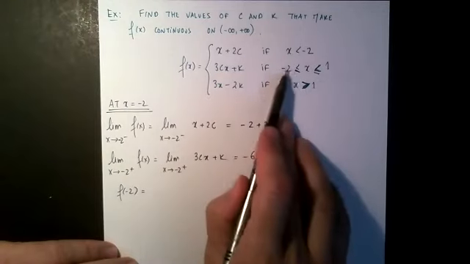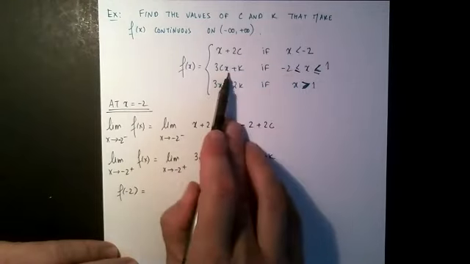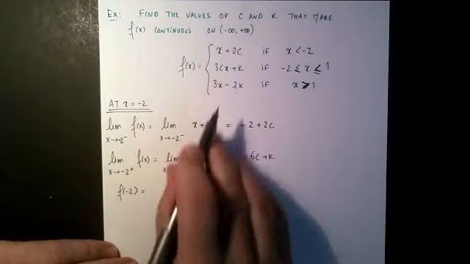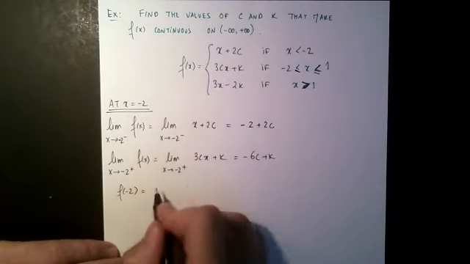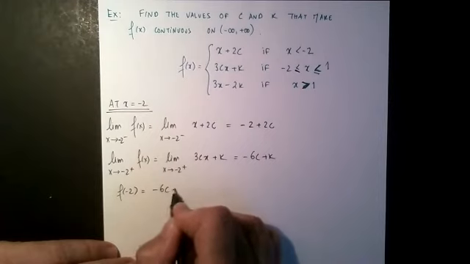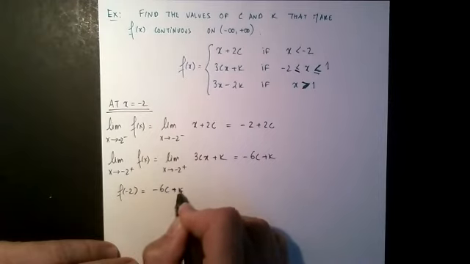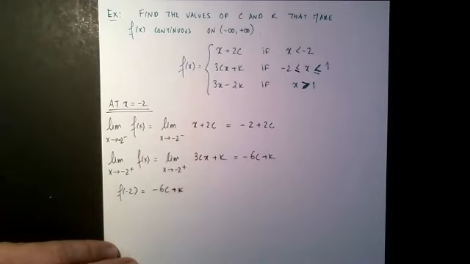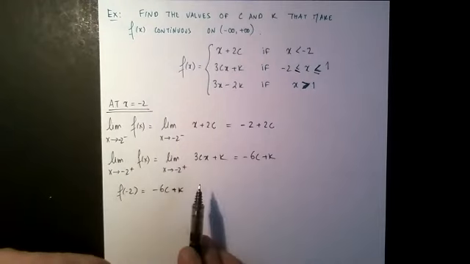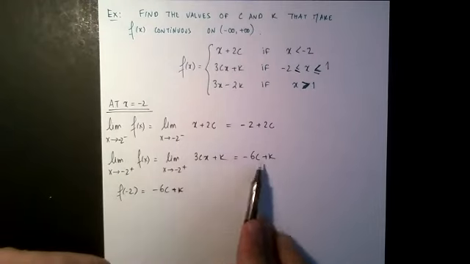When x is minus 2, this is the function, so it's worth negative 6c plus k. So the function is continuous at minus 2 if all these three values are the same.